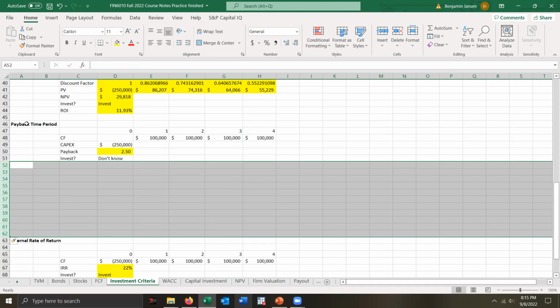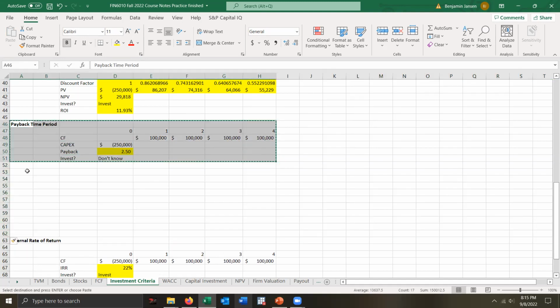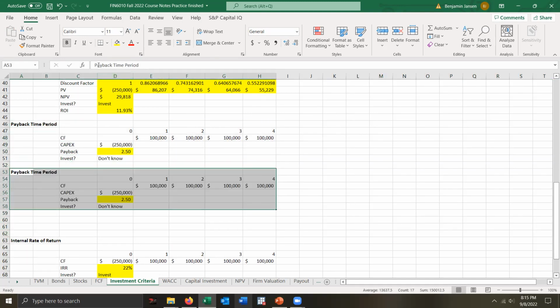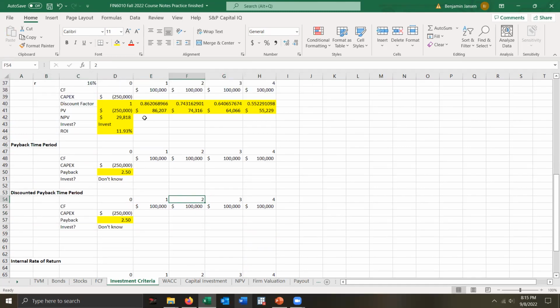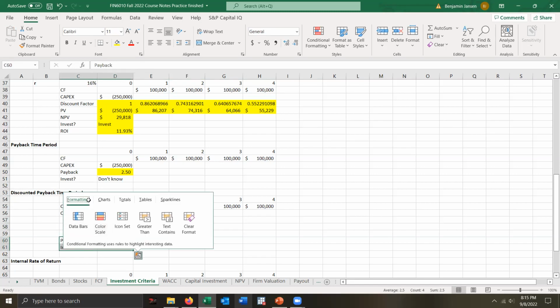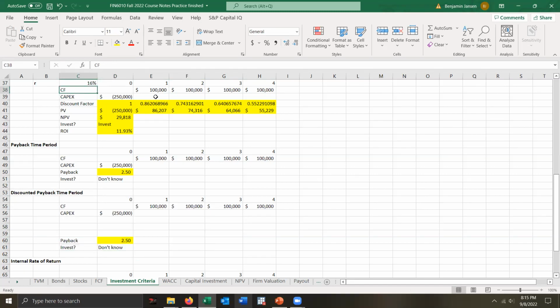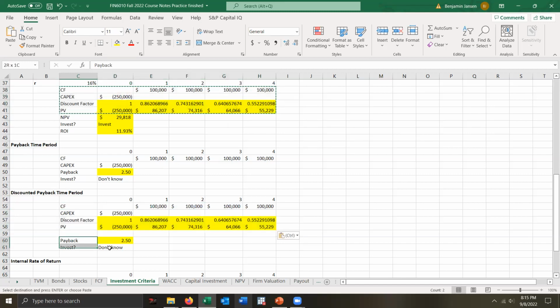There are adjustments we can make to the payback time period. One way we can adjust for risk is using the discounted cash flows. So actually, I'll just go ahead and copy that stuff down. All right, this is going to change our answer a little bit.